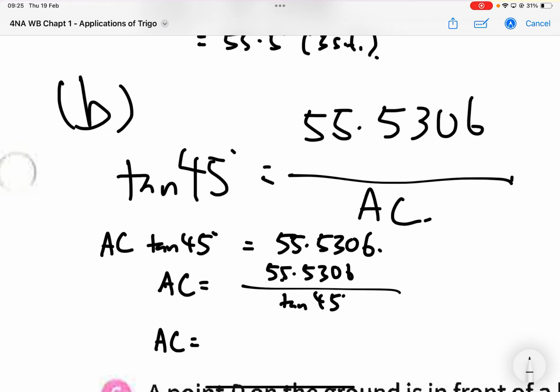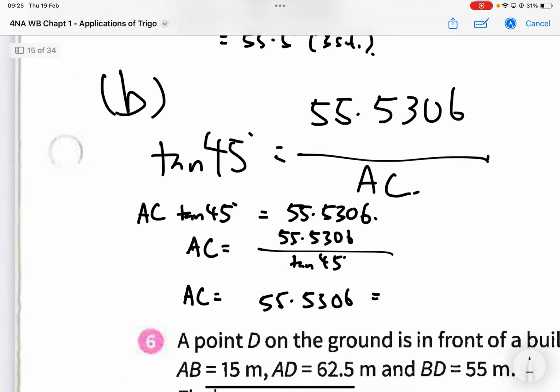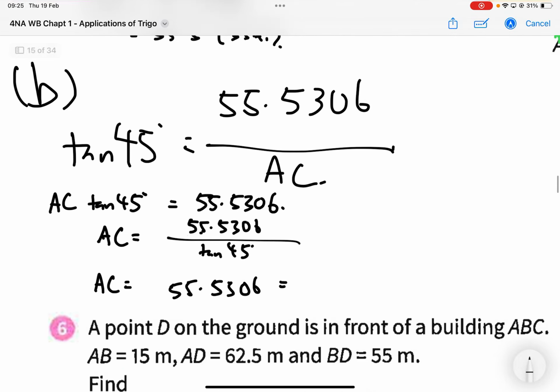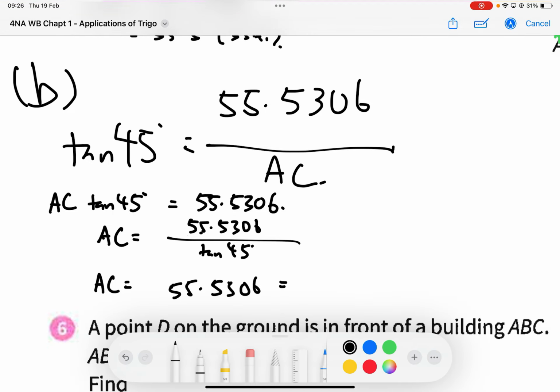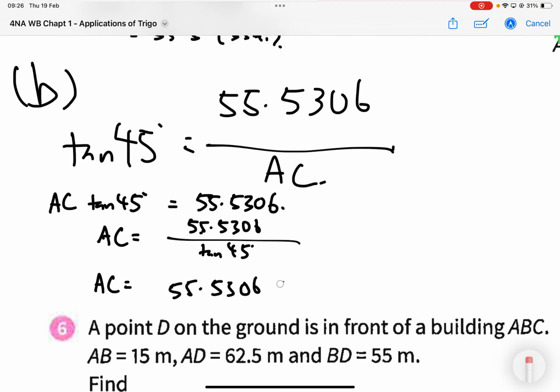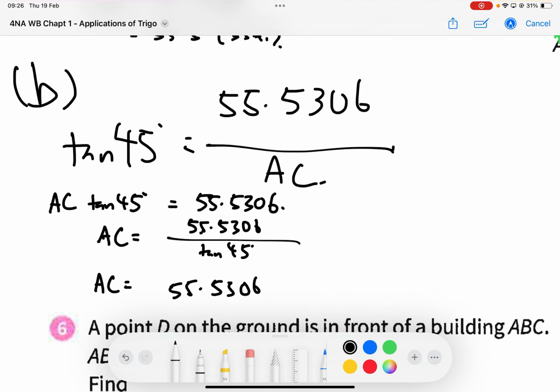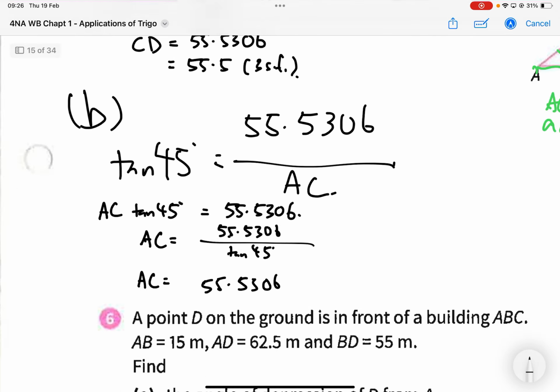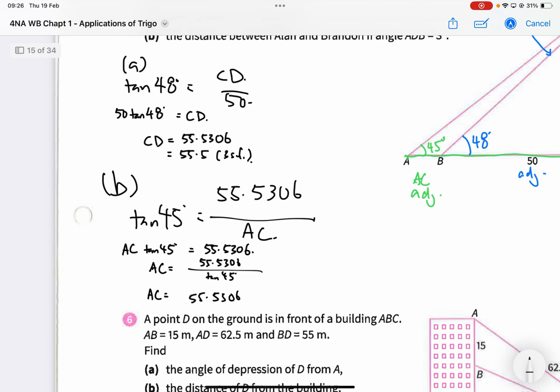You should get the same answer. Okay? Then finally, when you want to find the distance between A and B, this is not the final answer.